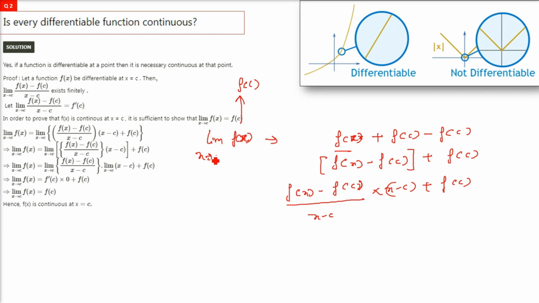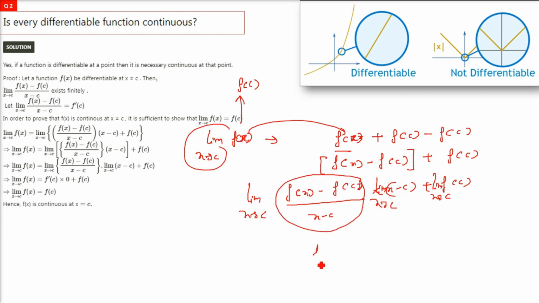Now let us apply the limit here. We just started with f(x), we have not done anything else. So limit x tends to c, it will go to each and every value. Here also, limit x tends to c, everywhere. Well, this limit x tends to c on a constant will not work, but still, you need to show that limit x tends to c has to be there. So this (f(x) minus f(c)) by (x minus c) is nothing but f dash c.